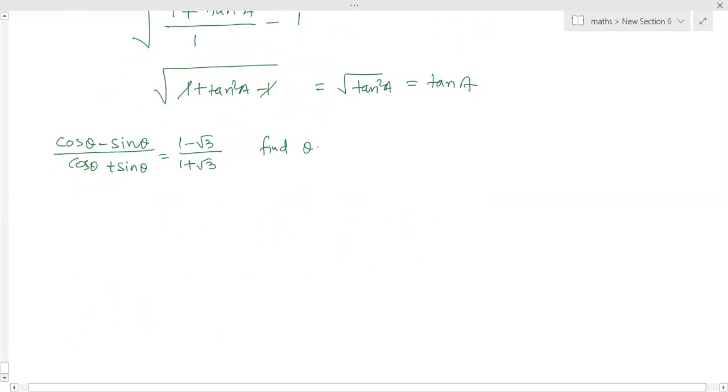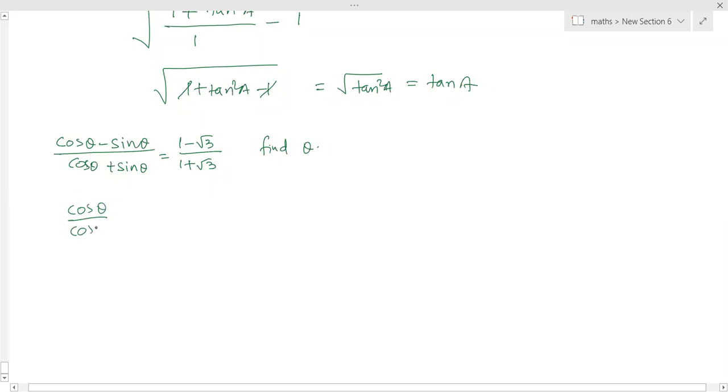Not able to solve. There is no cos square minus sin square part here, so that doesn't make it any value. You'll get it if you divide numerator and denominator by cos theta.